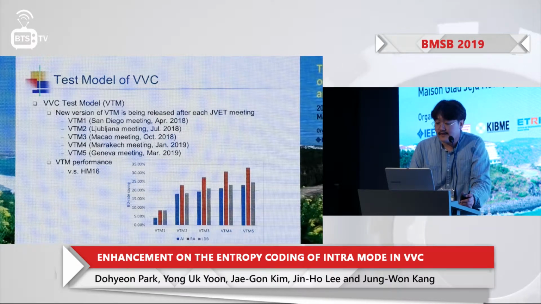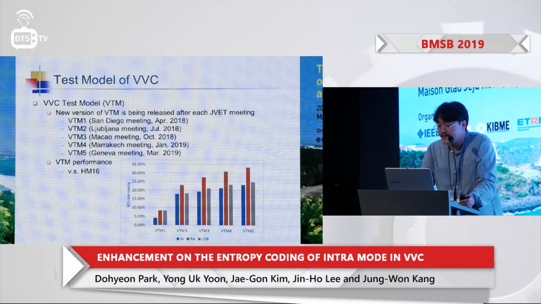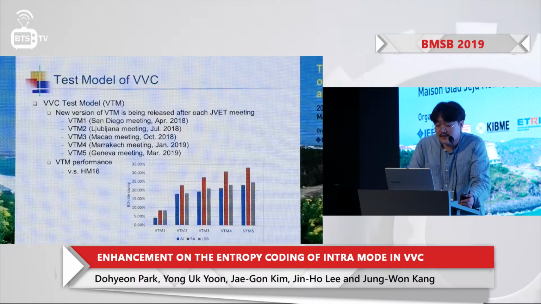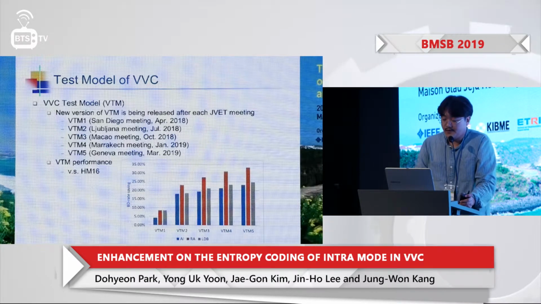It means that the performance of Intra prediction has reached some point. In other words, it becomes difficult to obtain a noticeable gain from Intra tools. But we'll keep going.